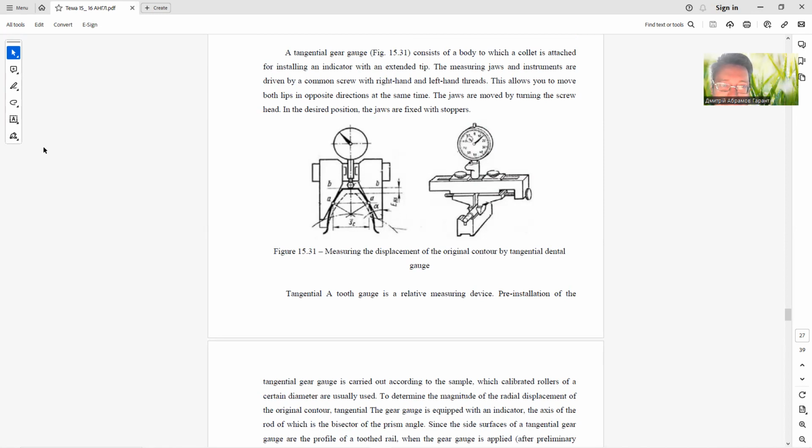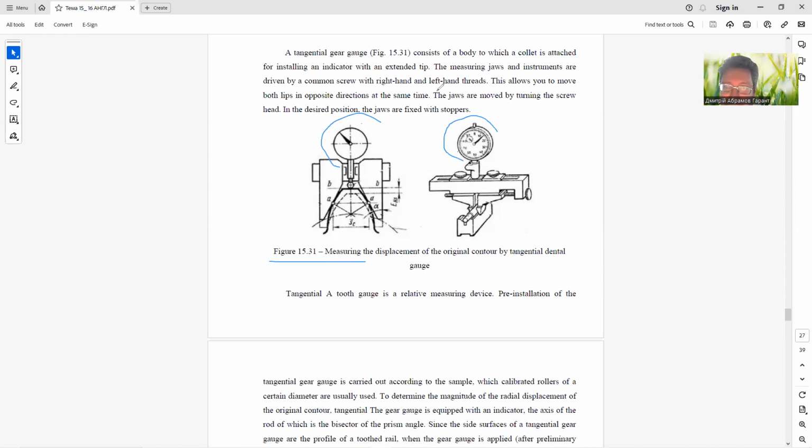A tangential gear gauge, like in figure 15.31, consists of a body to which a collet is attached for installing an indicator with an extended tip. You can see the indicator with an extended tip type.